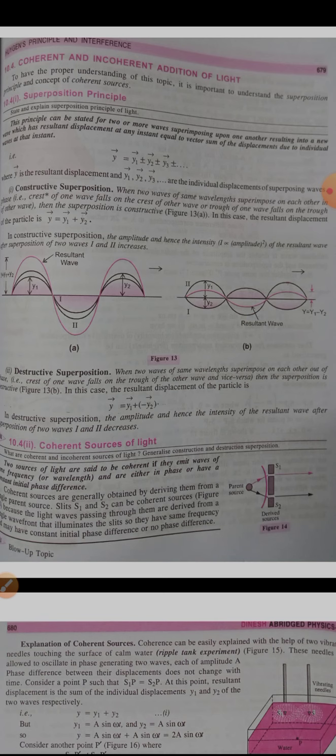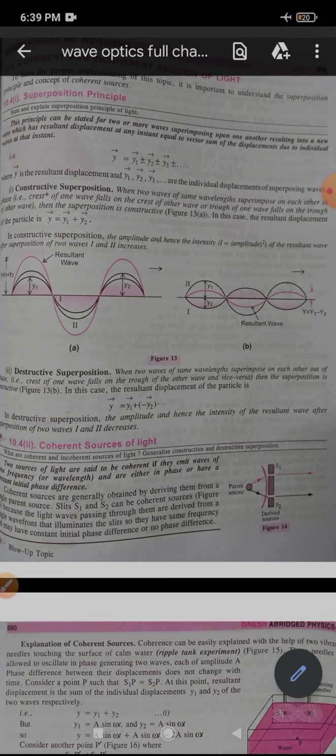That is, if we have two or more waves and we want a resultant wave out of them, the superposition principle is based on the phase difference. Because of that phase difference there will be an addition or a subtraction of the waves, and we will get a resultant wave.